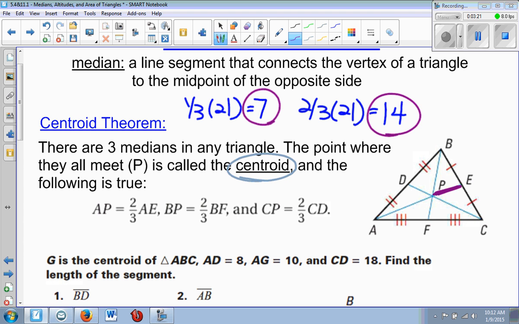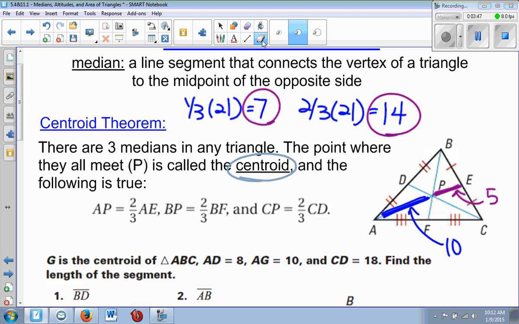Say that I tell you from P to E is a value of 5. Well, I know then that the larger piece of the median, the one I'm highlighting in blue right now, is going to be double the smaller piece. So if the purple piece, the small piece, is 5, that means that the big piece would be 10, and then the entire median we would know is 15.